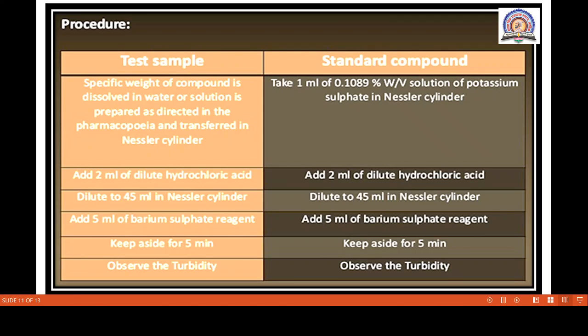Take 1 ml of 0.1089% weight by volume solution of potassium sulfate in the Nessler cylinder, add 2 ml of dilute hydrochloric acid, then dilute up to 45 ml using water. Add 5 ml barium sulfate reagent. Keep aside for 5 minutes, then observe the turbidity.